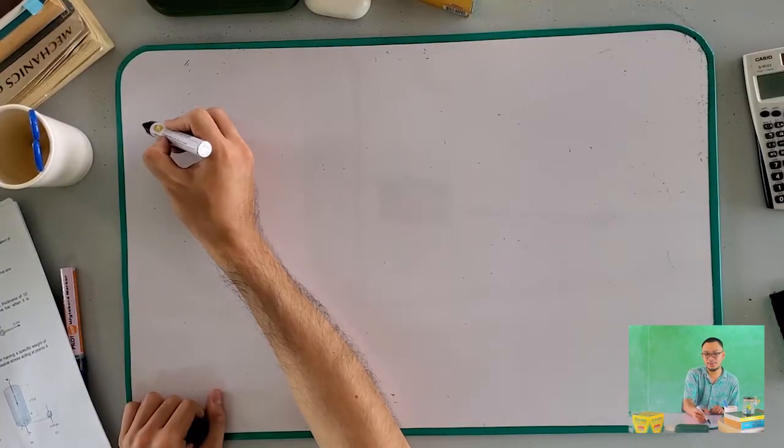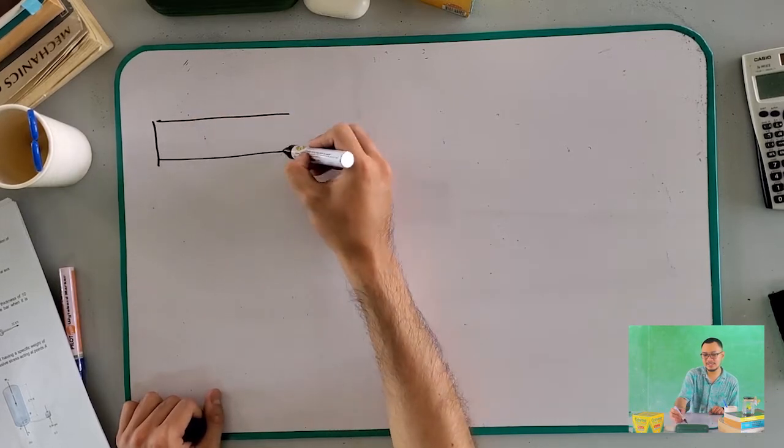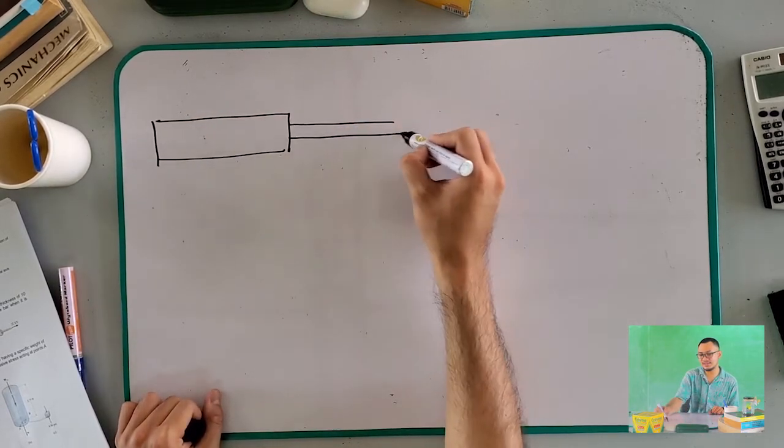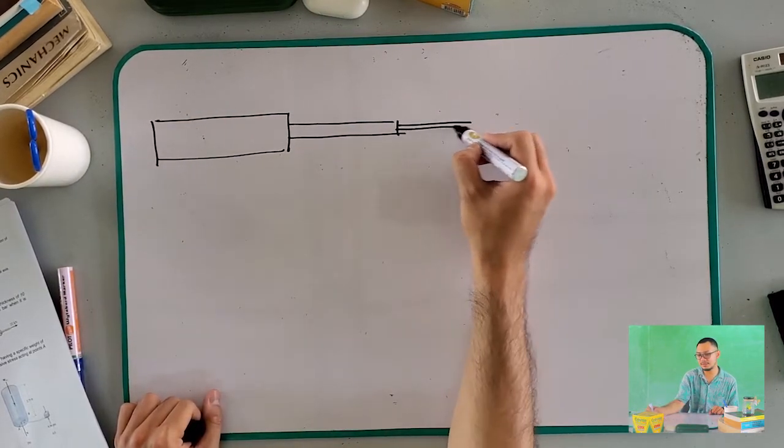For example, your bar has different cross-sectional areas.